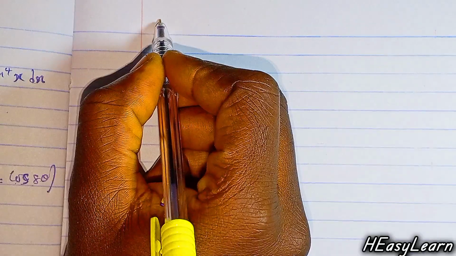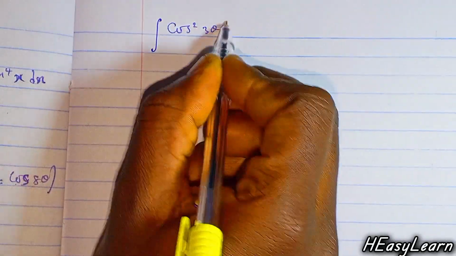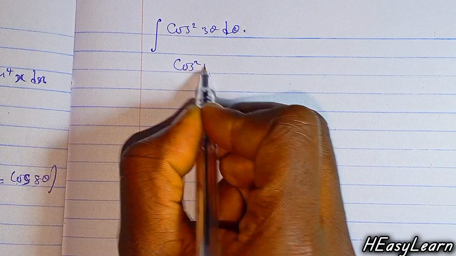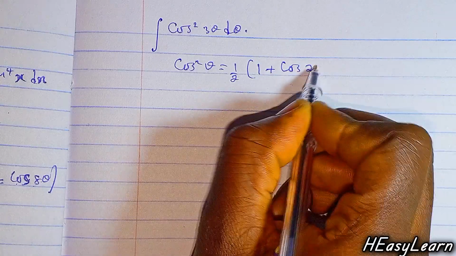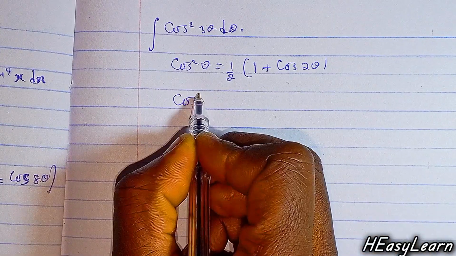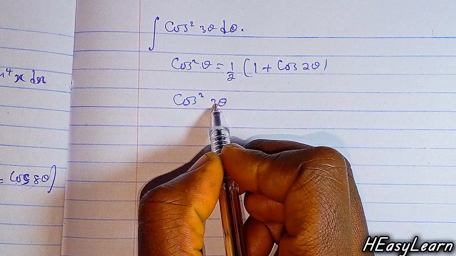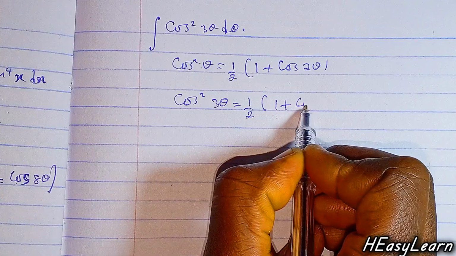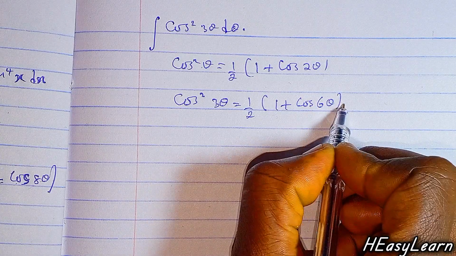What is going to be the integral of cos square 3 theta d theta? Recall that from trig identity, cos square theta is the same thing as 1/2 (1 plus cos 2 theta). So in this case, cos square 3 theta, when here is 1, we have 2. When here is 3, it is going to be 1/2 (1 plus cos 6 theta), since 2 multiplied by 3 is 6.